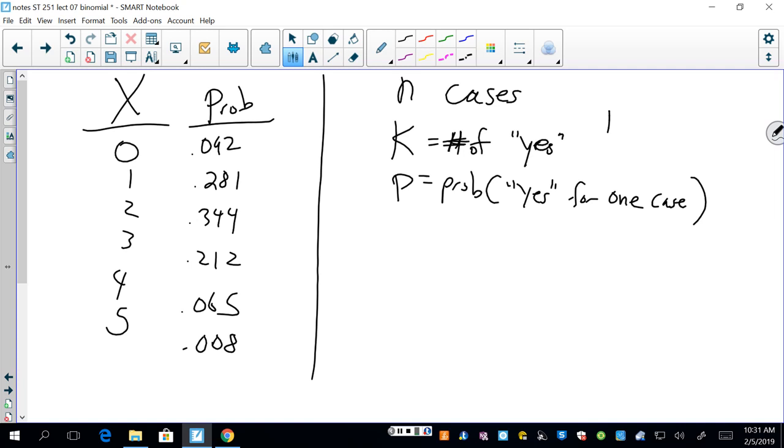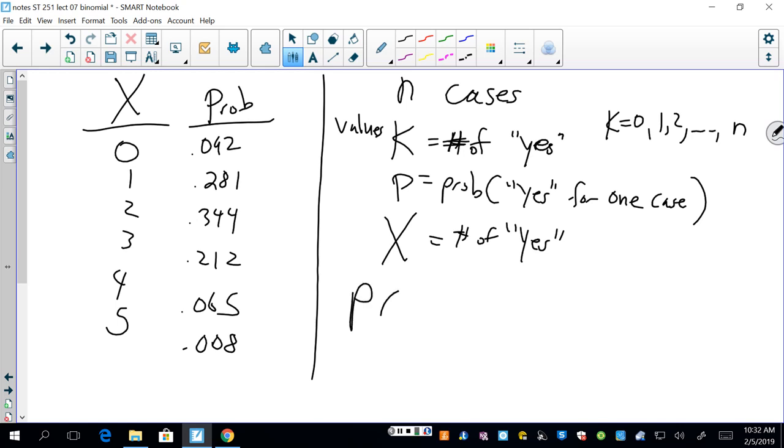K can go 0, 1, 2, right up to n. We want to know if x is the number of yes, so the number of yes as a random variable. We have some values, k, that are actual numerical values. So we want a formula. Can we get a general formula? What's the probability that we get k successes out of our n?